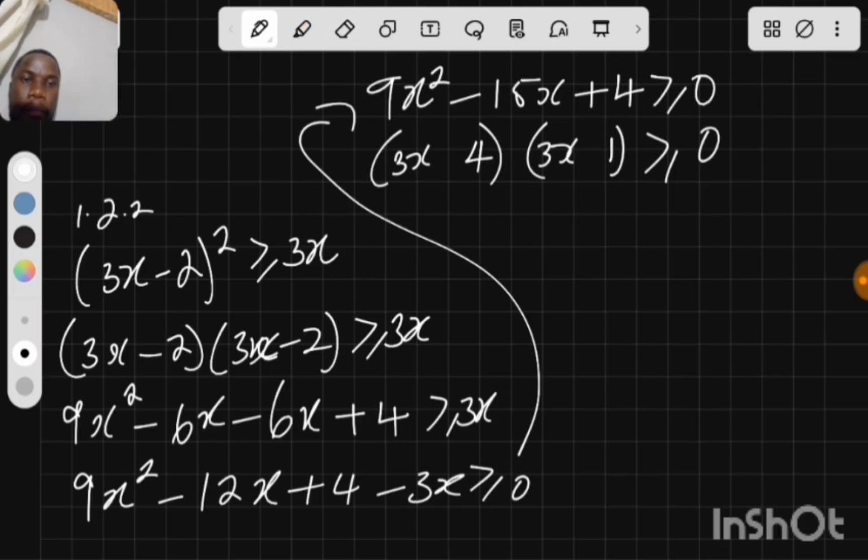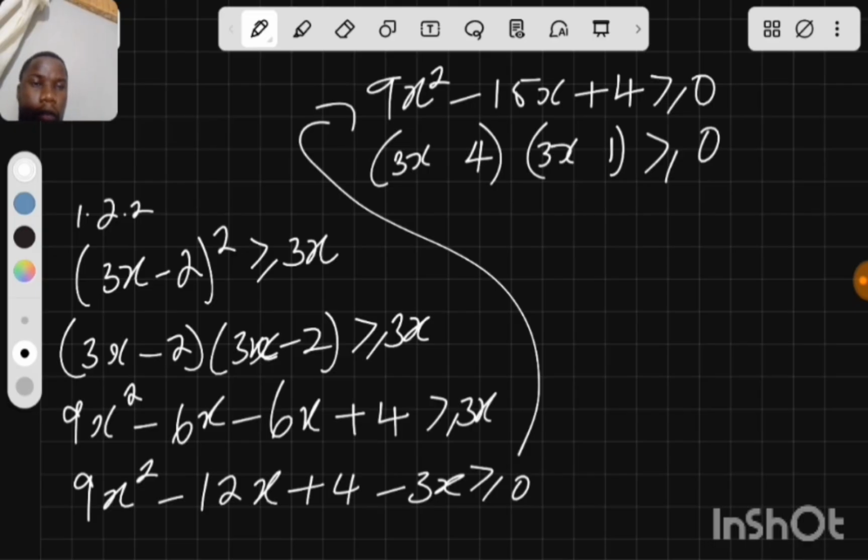My 1 here, 3x times 3x is 9x squared. Then 3x times 1 is 3x. Then 4 times 3x is 12x.